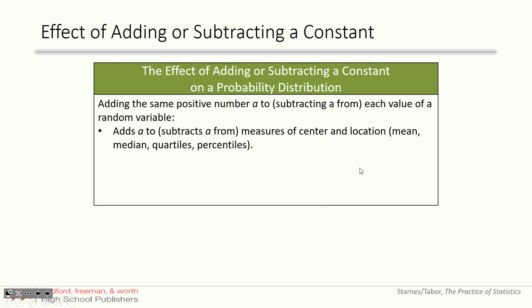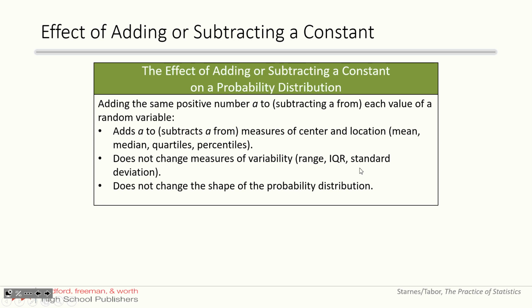Those are measures of location. But it does not change the measure of variability. It doesn't make your data any more spread out or less spread out, or more condensed. It also didn't change the shape. Exactly the same rules for random variables as we had in chapter 2 for just raw data values.